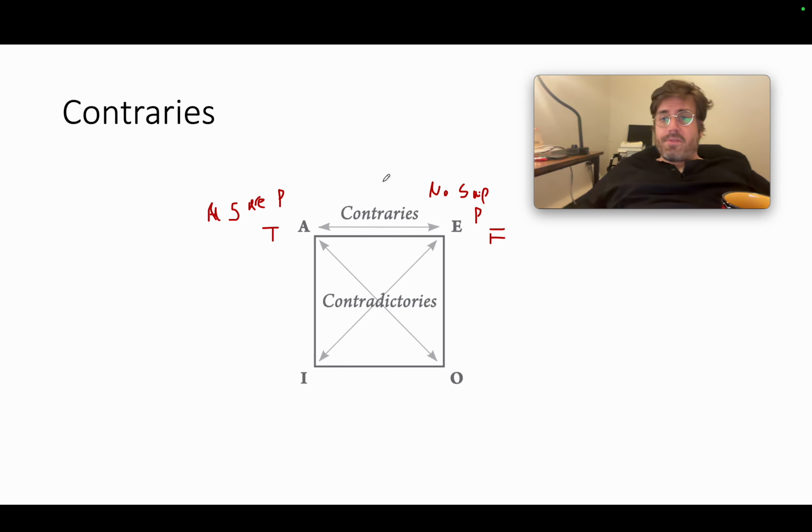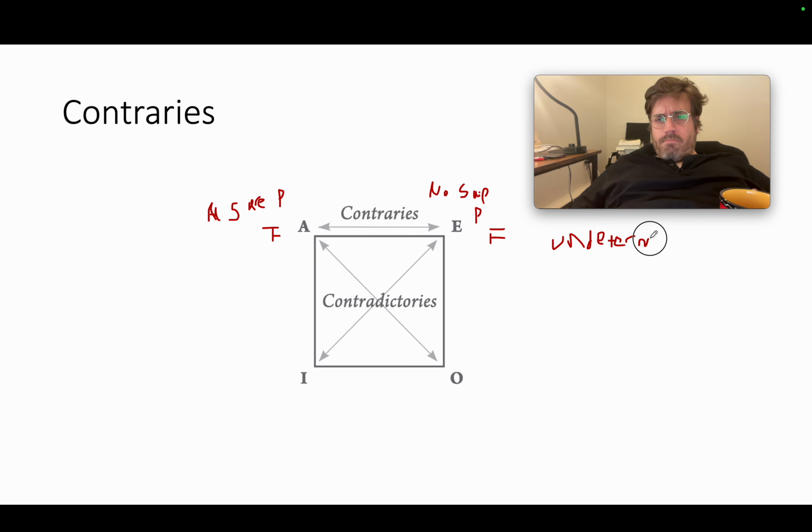That is a move I'm allowed to make on the square of opposition. However, if I begin with a false A, all SRP is false, I can't make the inference about the E group. The E group is said to be undetermined. Please excuse my writing. Undetermined. Unknown. Okay?